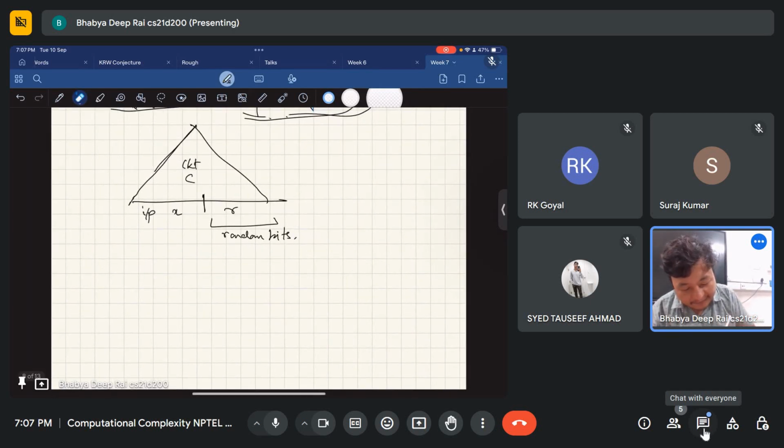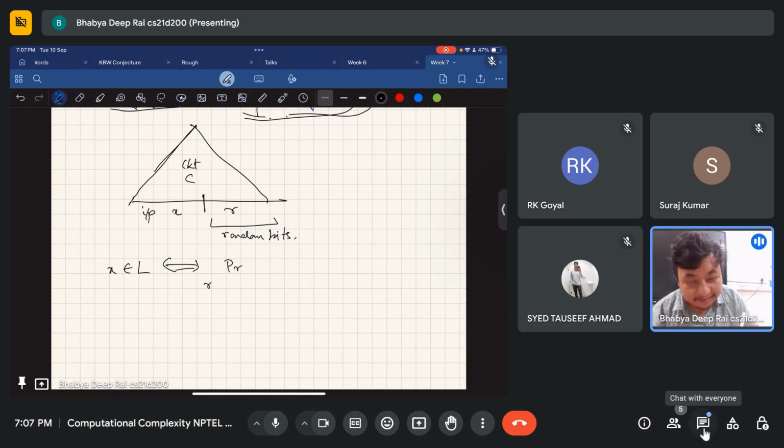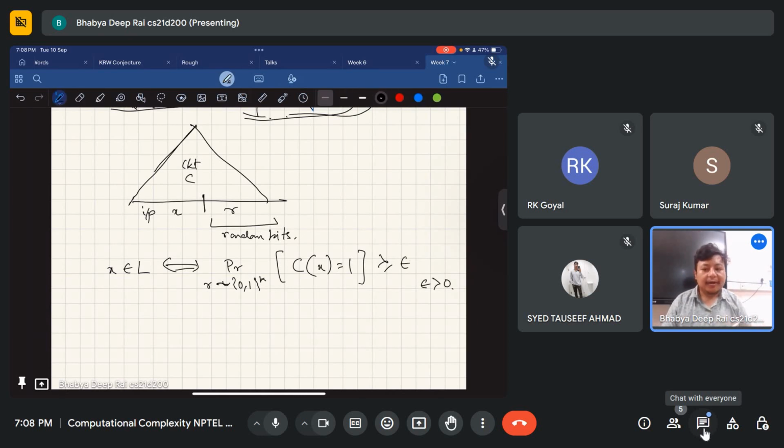That is, if X is in the language, then the probability over the random bits, uniformly sampled, that the circuit says yes whenever X is in the language is very high, greater than epsilon. So this is what a randomized circuit looks like.